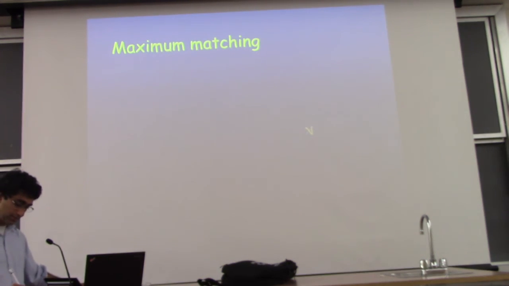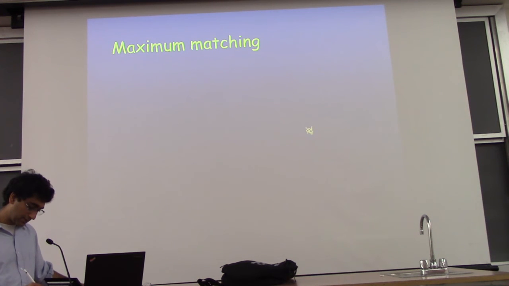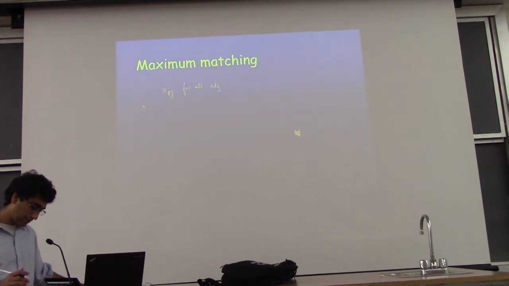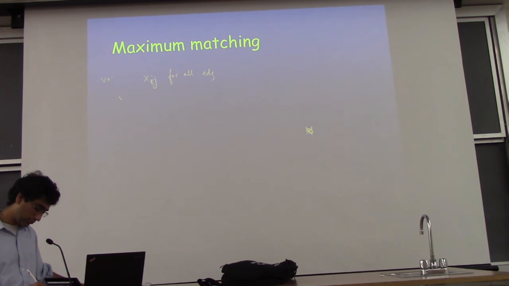So for matching, you would have xij for all edges. These are the variables. And the constraints: first, xij belongs to {0, 1}.